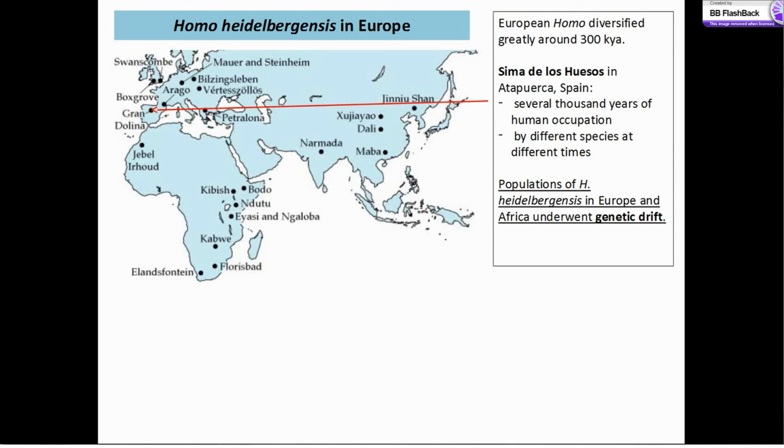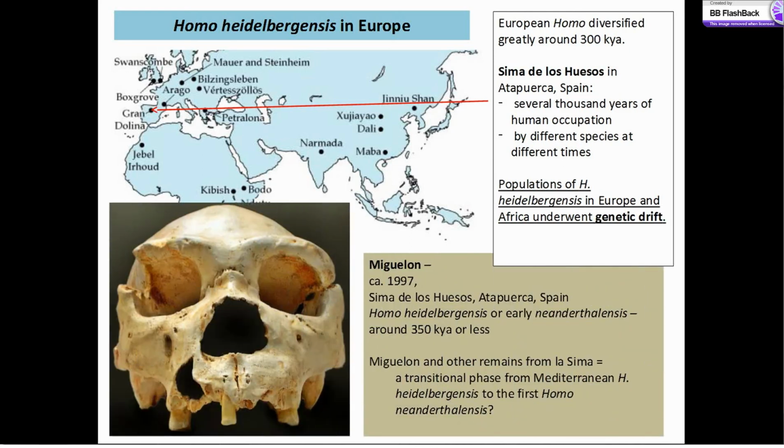specimens at places like Sima de los Huesos in Atapuerca, Spain, specimens which may be considered Heidelbergensis, but could also be considered early Neanderthals. Specimens like Miguelón here, who is one of my favorites, because he comes with a story. I'll tell you the story when we talk about stone tools.